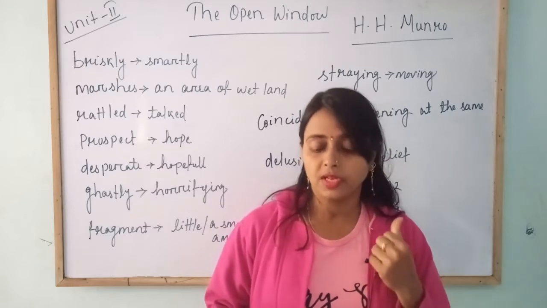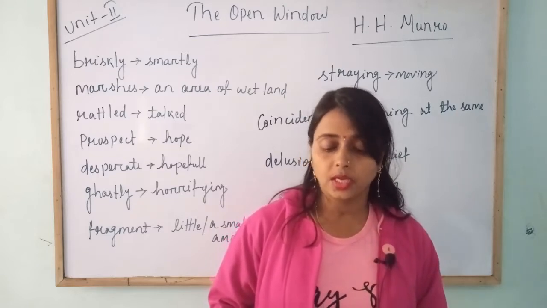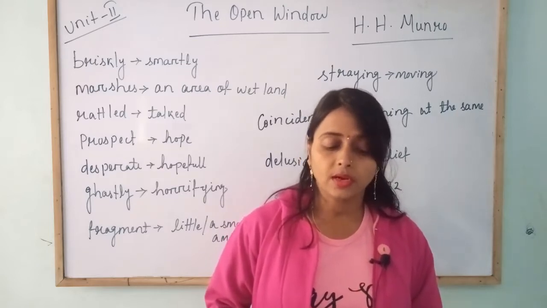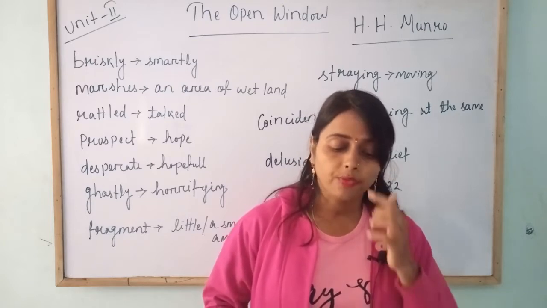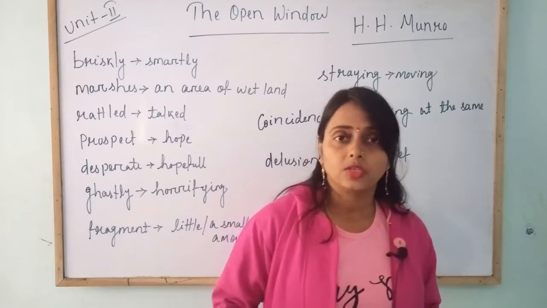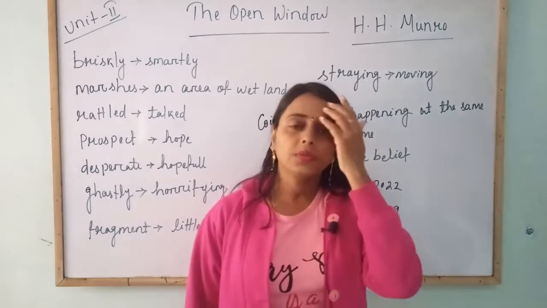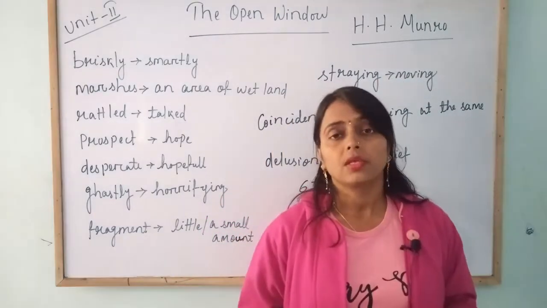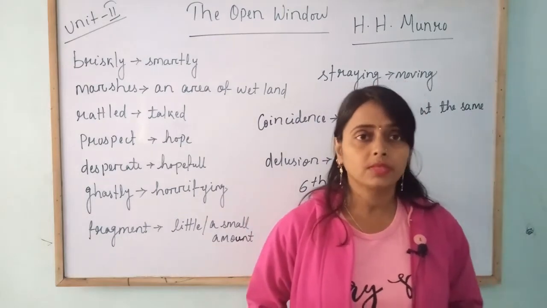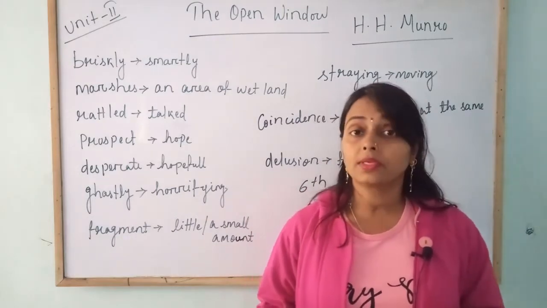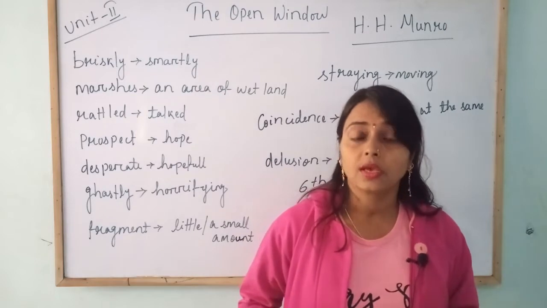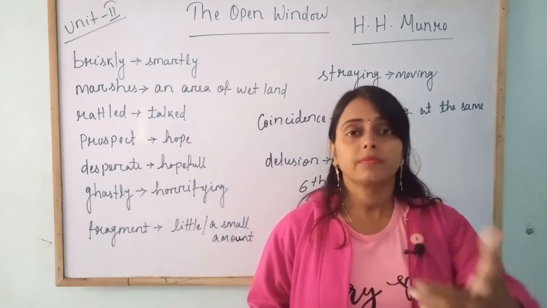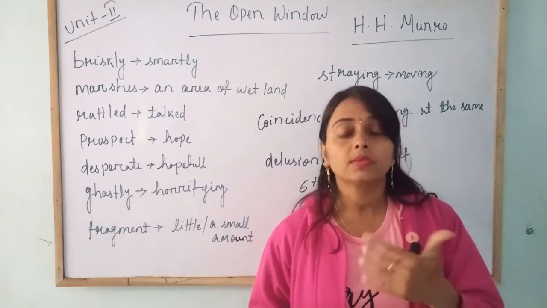Delusion means a false belief that total strangers and chance acquaintances are hungry for the least details of one's ailments and infirmities. So Mr. Nuttel believed that if he talked to strangers, they might take interest in his disease and speak out some remedy, some solution.